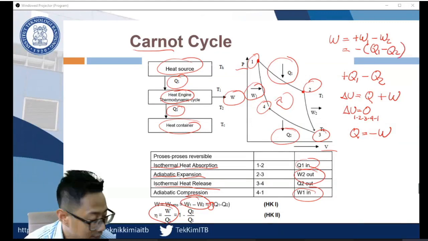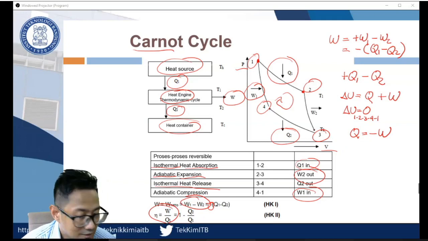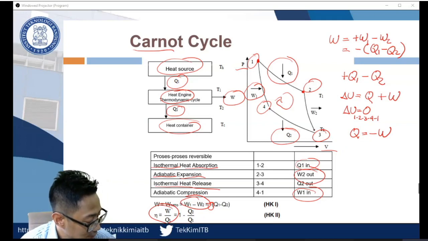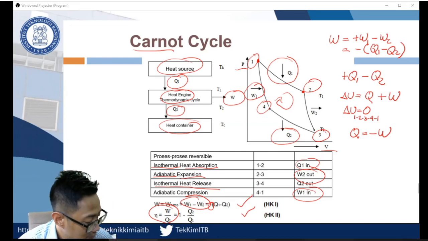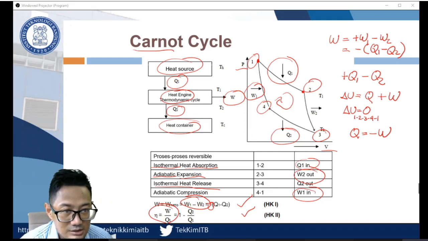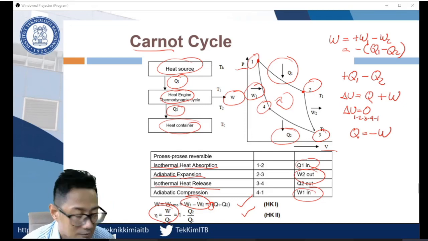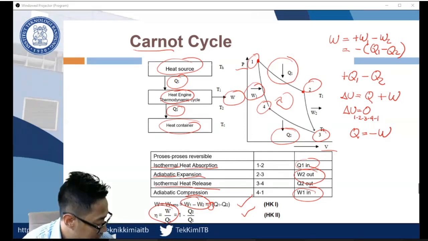Okay, why do we have to calculate based on this? The idea is we still follow the first law of thermodynamics and the second law of thermodynamics when we calculate the efficiency. Okay, so this one is simple, right? Just replace work with Q1 minus Q2.